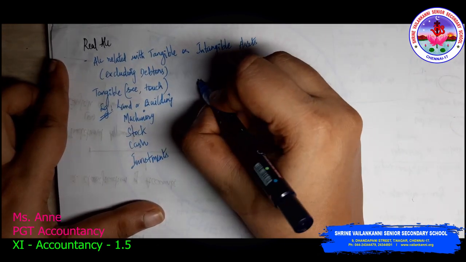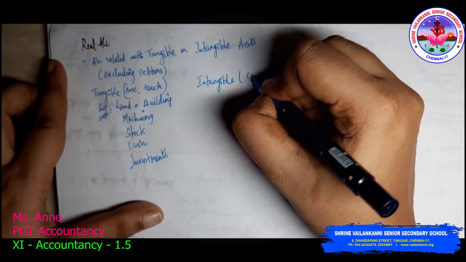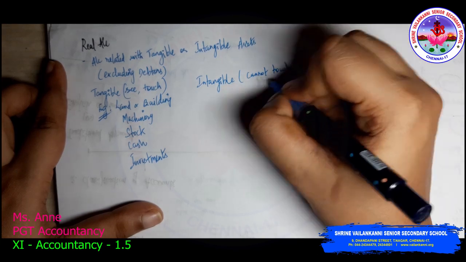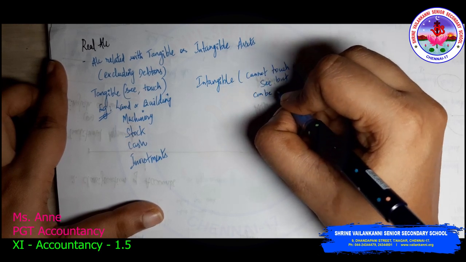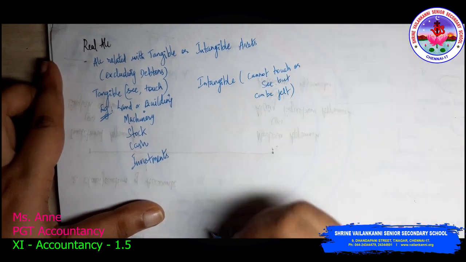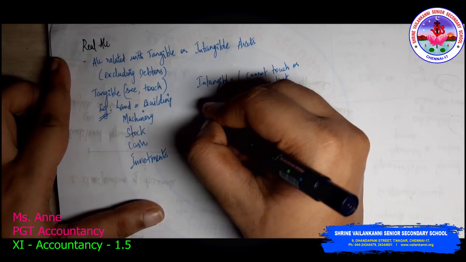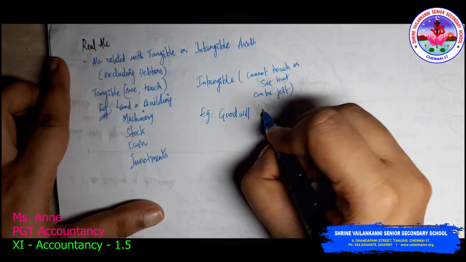Now what is intangible? You cannot touch or see it, but it can be felt. Say for example, goodwill. What is goodwill?